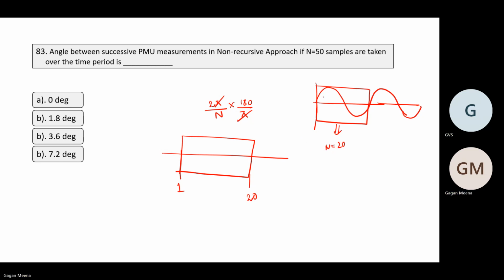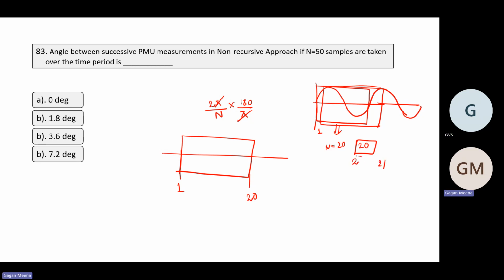For non-recursive, we calculate this and then shift the window by one sample. Now there are 20 samples in the window, from 2 to 21.